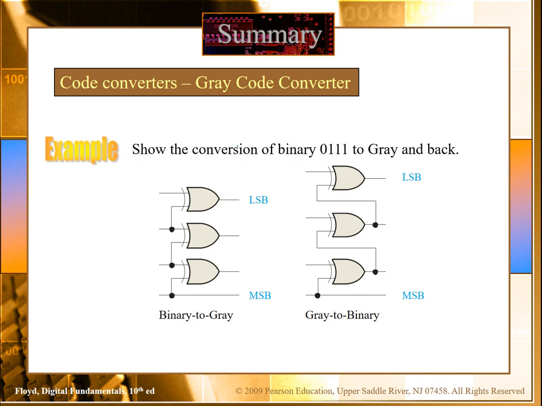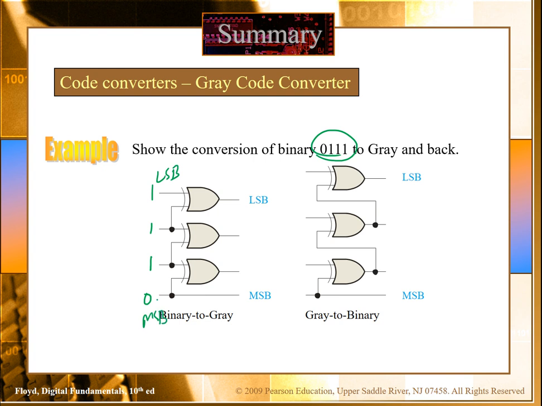So this is the example showing the conversion of 0, 1, 1, 1 to gray and back. You have the input 0, 1, 1, 1, so we will place the inputs here. This is your LSB and this is your MSB.